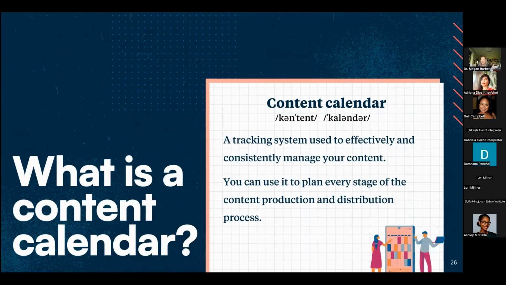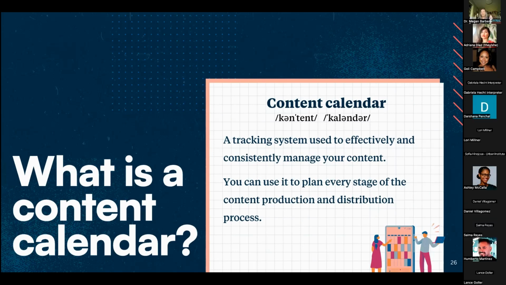So go ahead and drop in the chat. I see some of you still chatting about whether or not your organization is currently using a content calendar. And to level set, when we're talking about a calendar, we mean a tracking system for each piece of content that you might post. And this reflects your day-to-day and includes current and planned content for any given day or week. It also might include details of what you're actually going to publish.